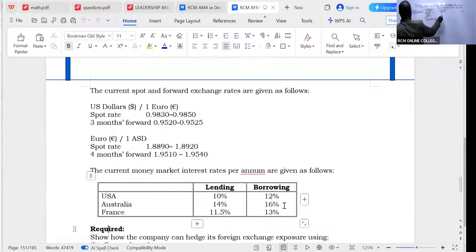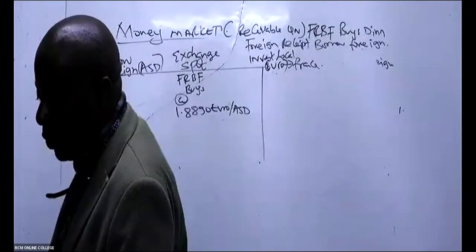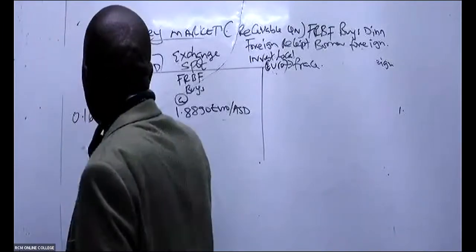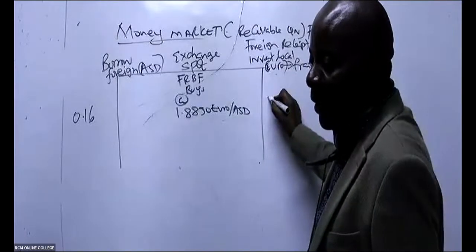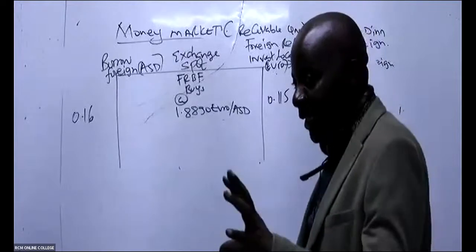What are we doing with our euro local? Remember, the euro is France. In this case, we are investing, which is the same as lending. So for the euro, what should I write here? 0.115, 11.5%.